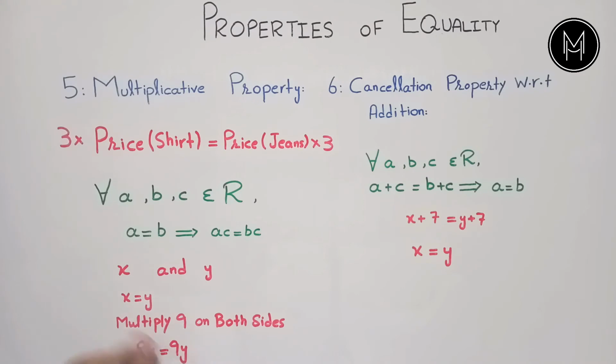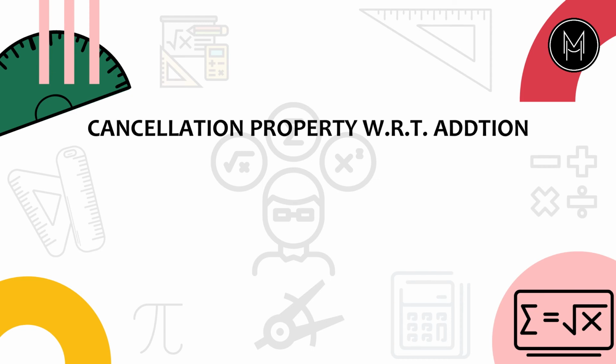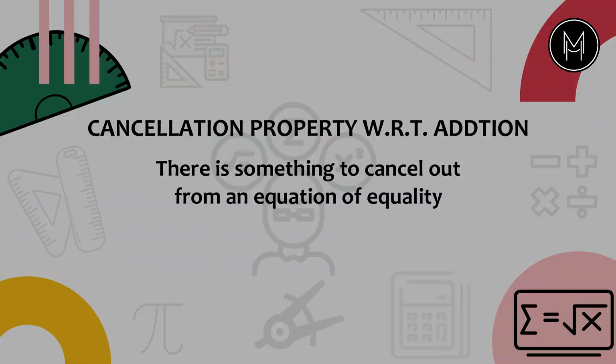Now let's talk about the cancellation property with respect to addition, that is the sixth property of equality. It is clear from the name of this property that there is something to cancel out. As this is a property of equality, there is something to cancel from an equation of equality.